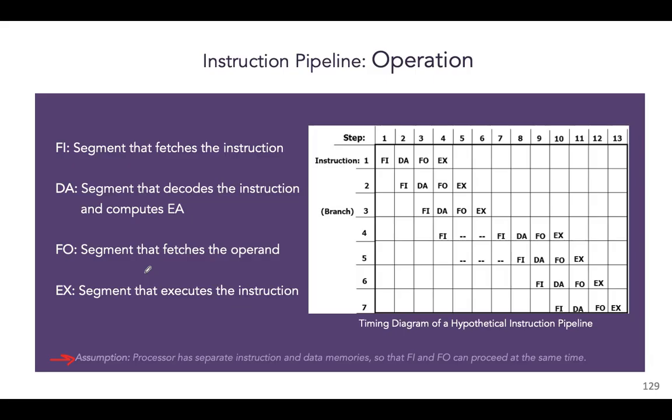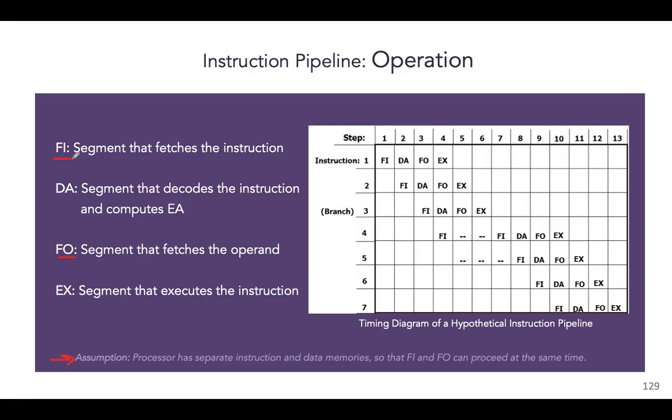When an instruction is being accessed from the memory, operands cannot be fetched, because two different operations cannot occur on the same piece of memory at the same time. So when an instruction is being fetched, FO has to wait, and when an operand is being fetched, FI has to wait, because they can't both access the memory at the same time.